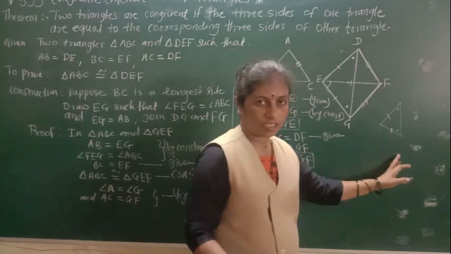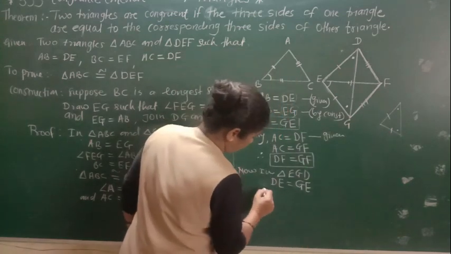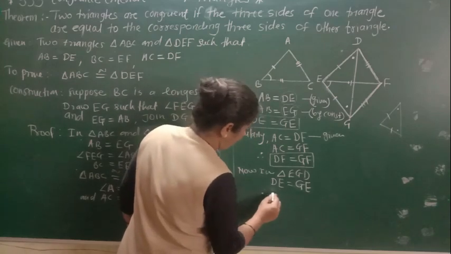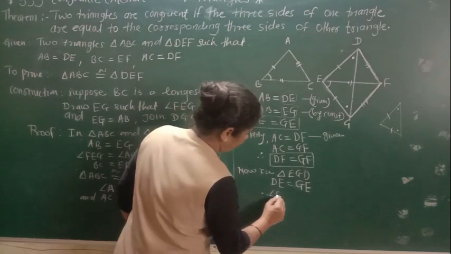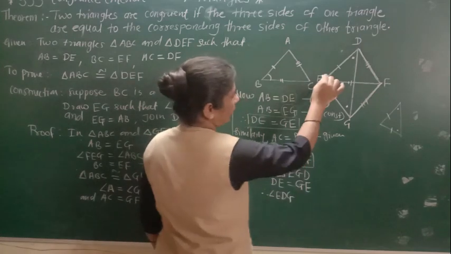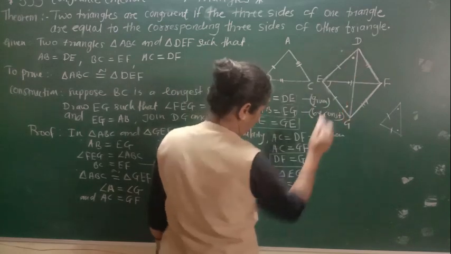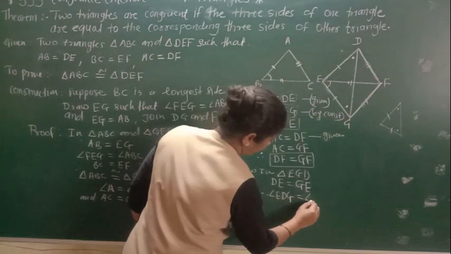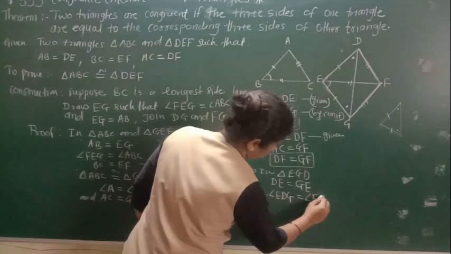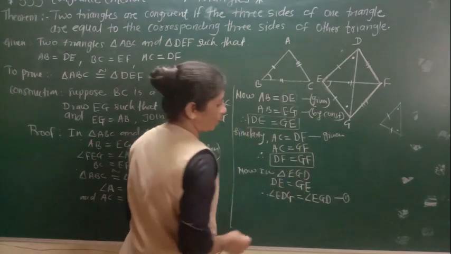This is also a property. So because of ED equals EG, we can write angle EDG equals angle EGD. This we will write as the statement first here.